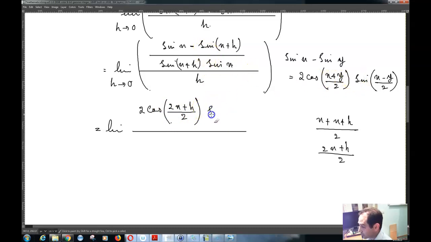And then you have the sine of x minus y divided by 2, which is x minus x plus h divided by 2, which is equal to minus h divided by 2.